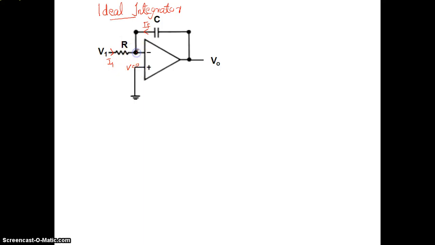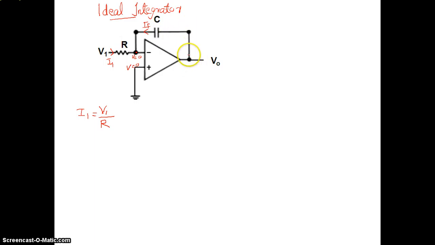It indicates that the voltage at this point also should be equal to 0. So what is the current in this branch? The current in this branch is written as I1. I1 is equal to V1 divided by R.